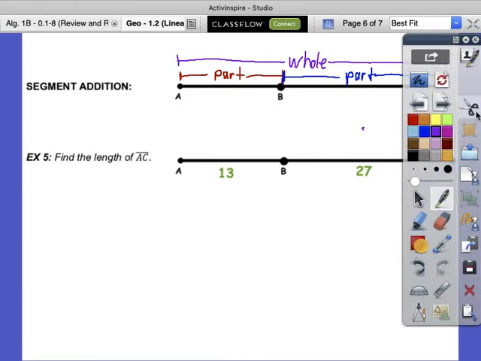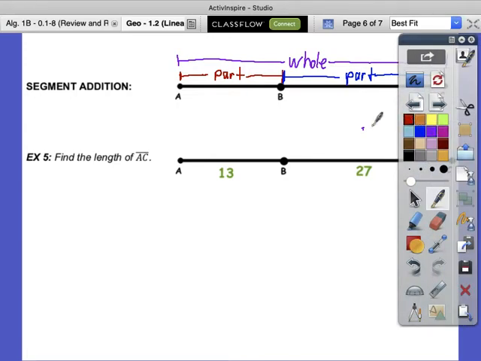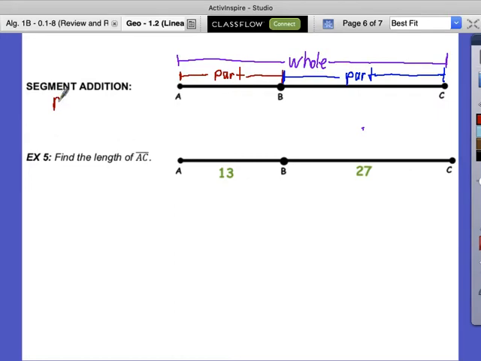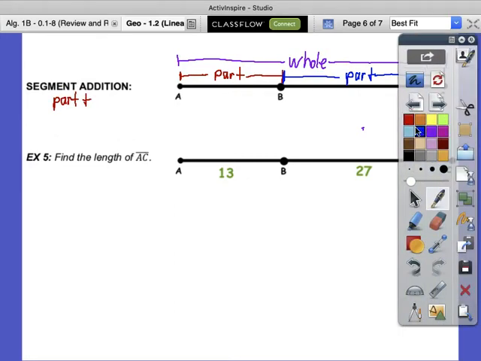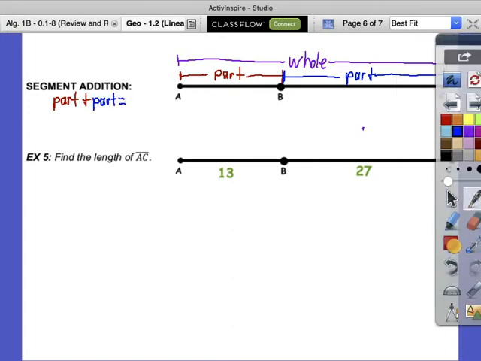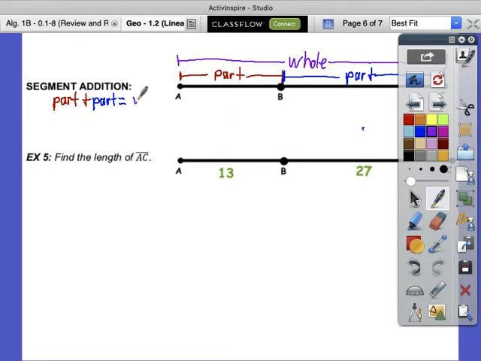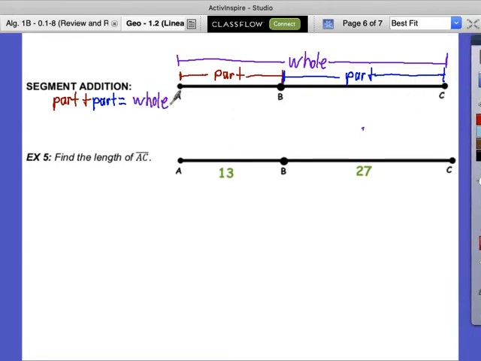Okay? So something I like to say is segment addition means that you have part plus another part equal the whole thing. We're saying we can take two parts of something and it equals the whole thing, okay?